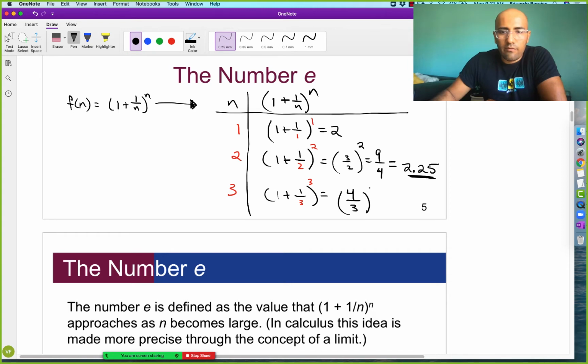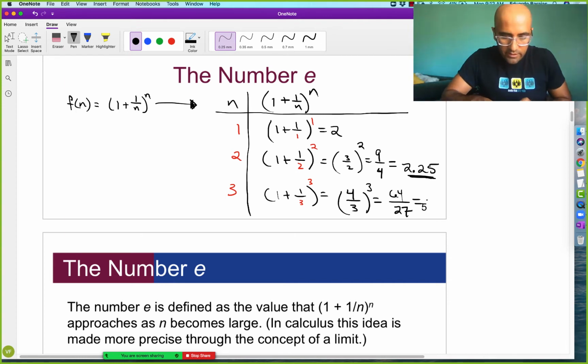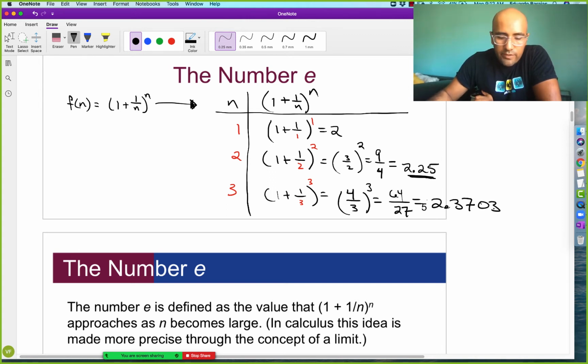Raise the power of 3, which makes it 4 to the third power is 64, and 3 to the third power is 27, which makes it, okay, this time I'll reach up for a calculator. 64 divided by 27 is going to be 2.37037, and so on and so forth. So it's really 037 barred.